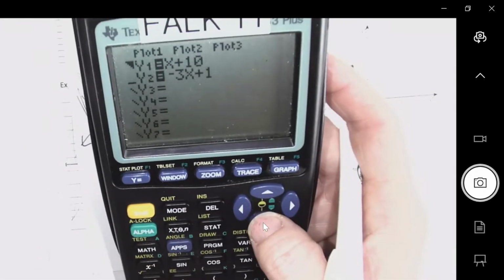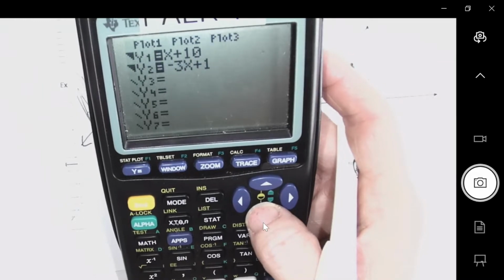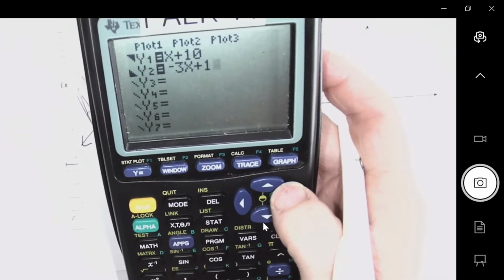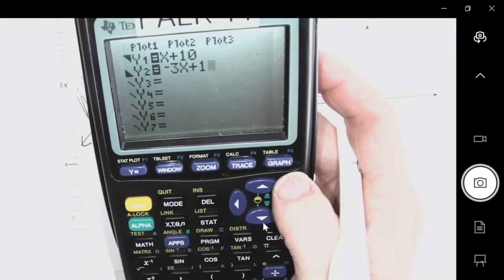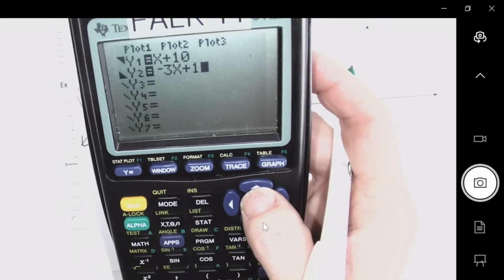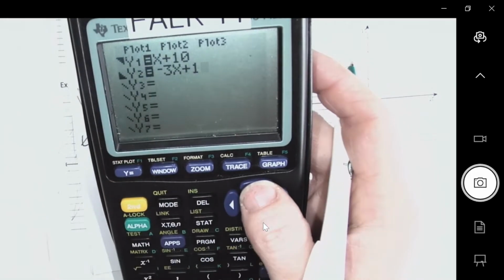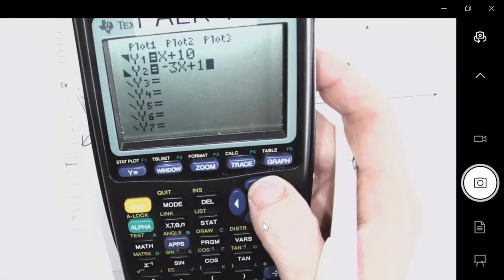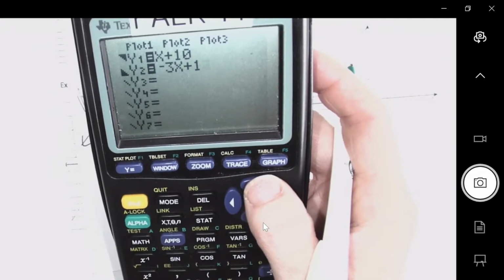And then the less than symbol. So we'll try this. So on the first line I did a greater than, so the up triangle, and then on the second one I did the down triangle for less.